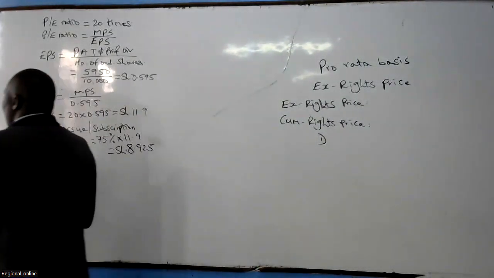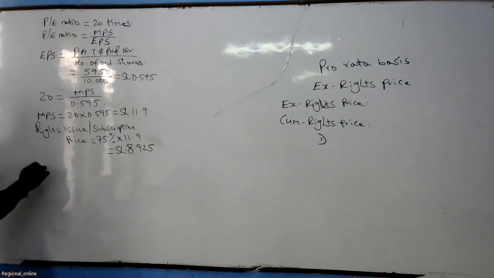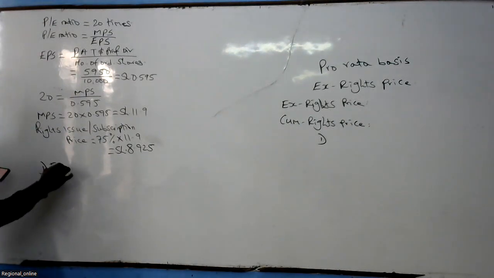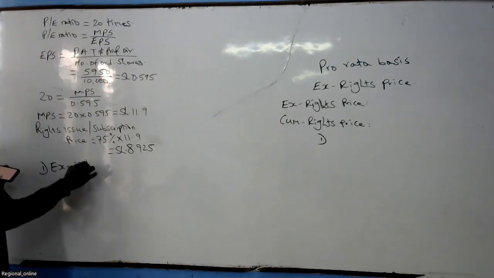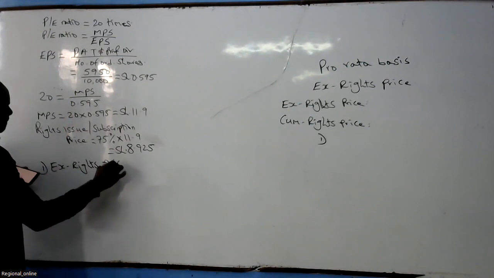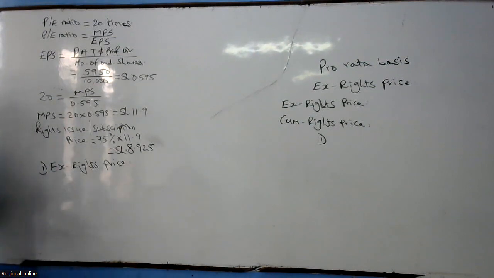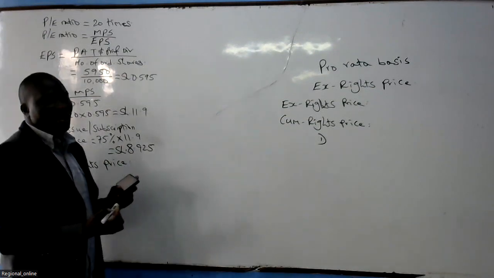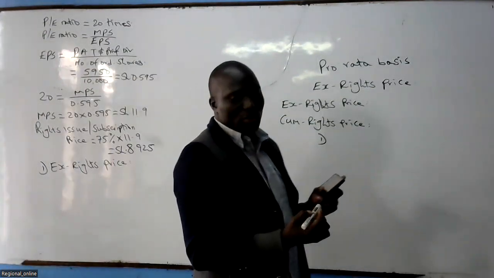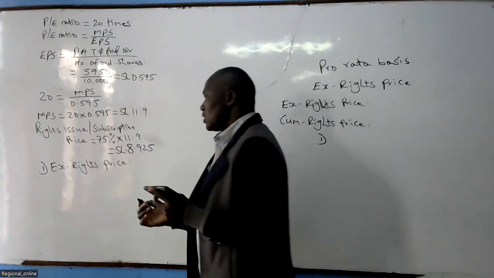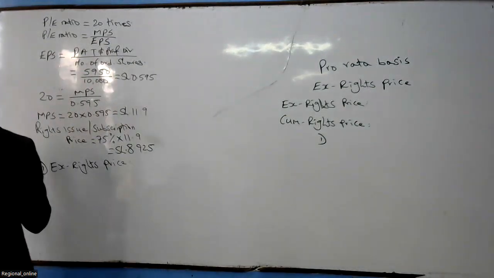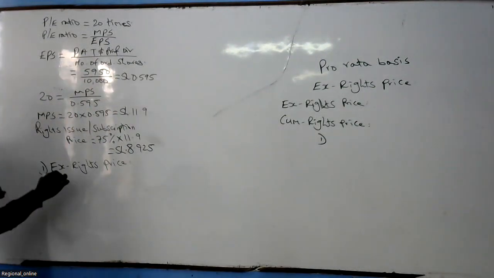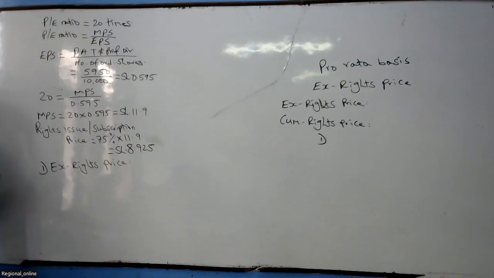Now, we start with number one, theoretical exercise price. Let me try to be more analytical. What is the nature of the rights issue?